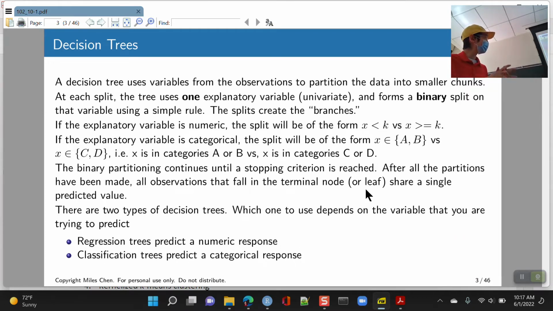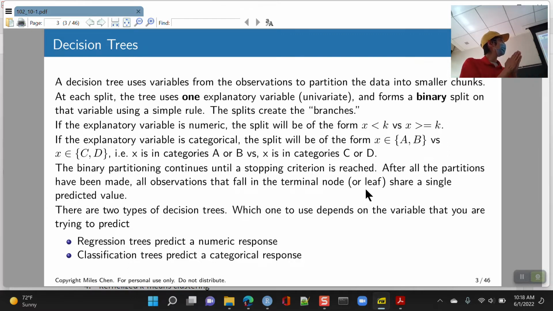Okay, all right. So the way the decision tree works is you have your target variable. So decision trees, random forest, supervised learning. We're going back to supervised learning where we have a target value that we want to predict, and we're going to try to predict it based on input values, okay?